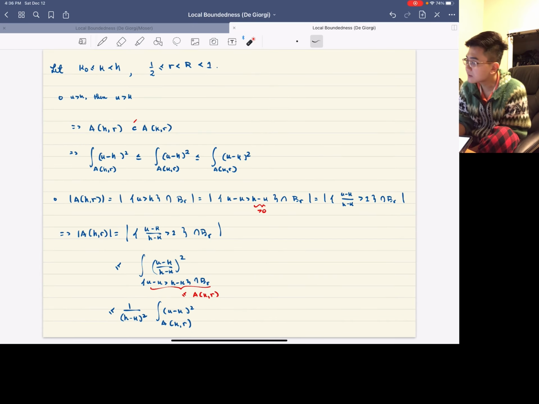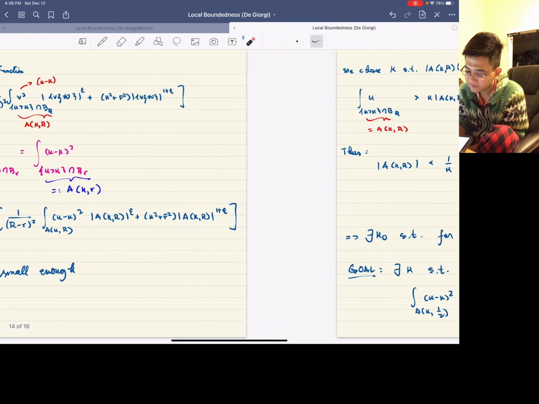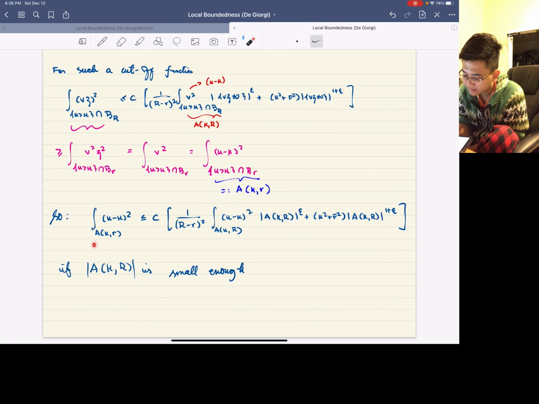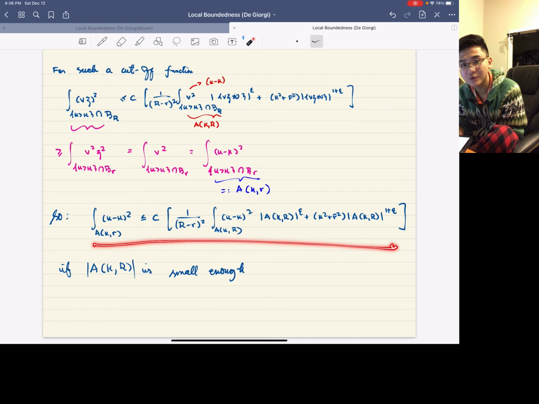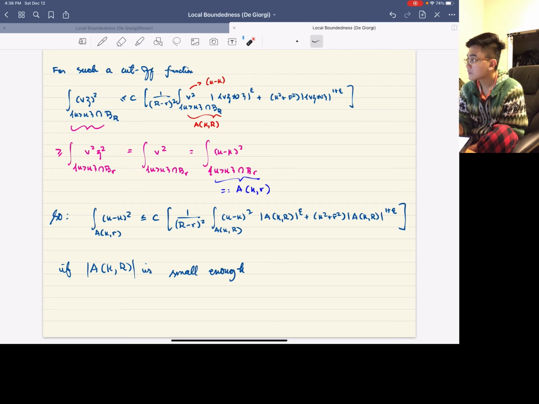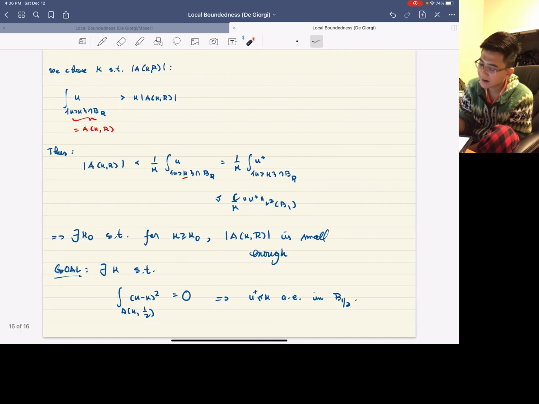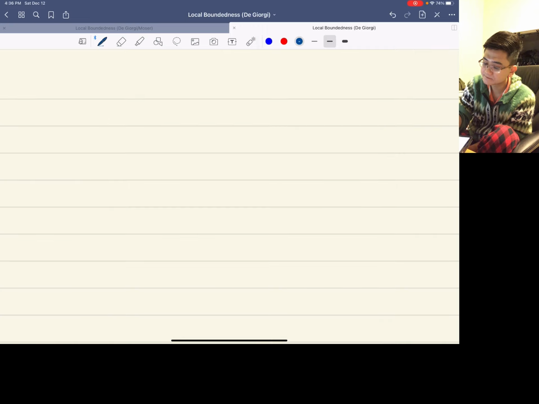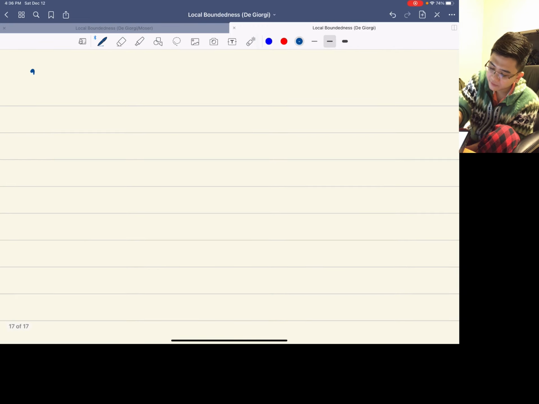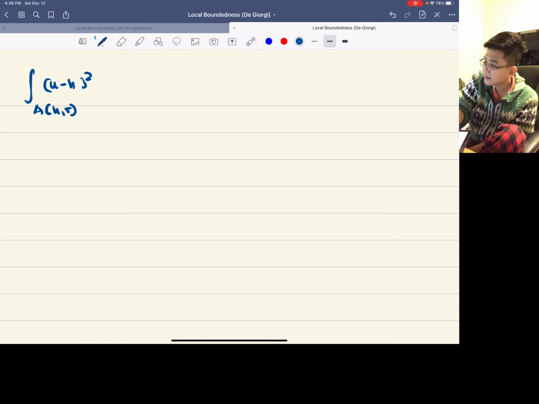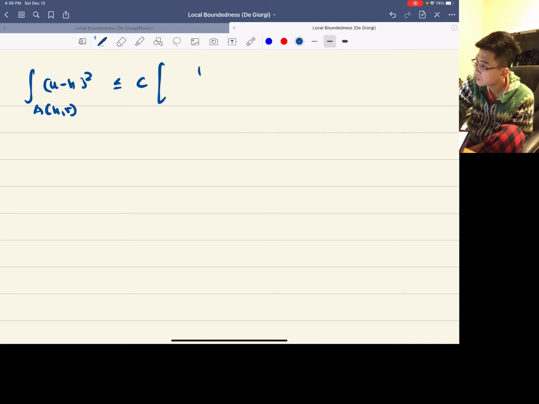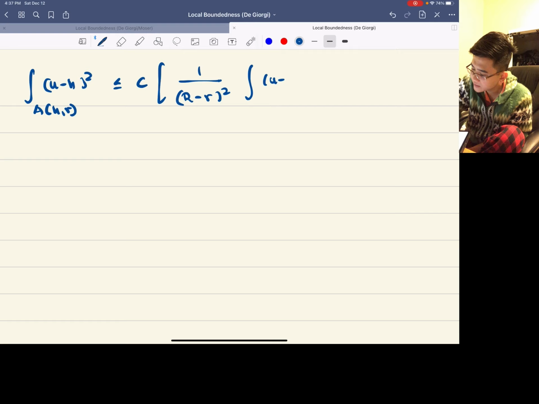Now, let's look at the estimate that we had before. The estimate that we had before is this one. And remember that this is true for k bigger than some k0. Okay. So, let's write that as, so we have the integral of (u minus h) squared on A(h,r) less than or equal to some constant C times 1 over (R minus r) squared times the integral of (u minus h) squared on A(h,R).